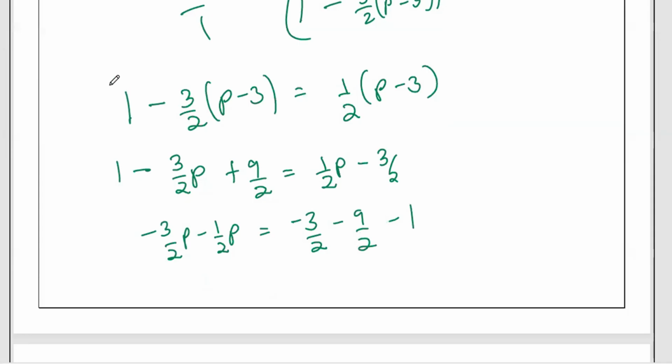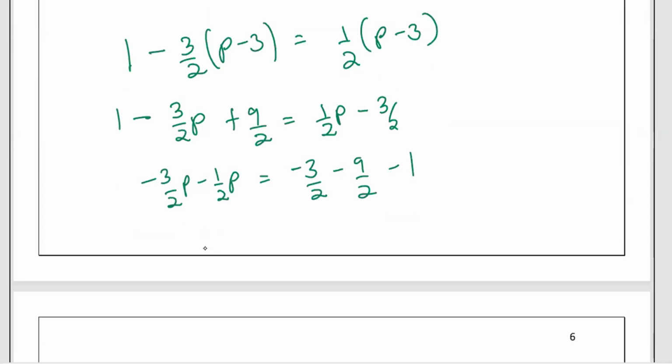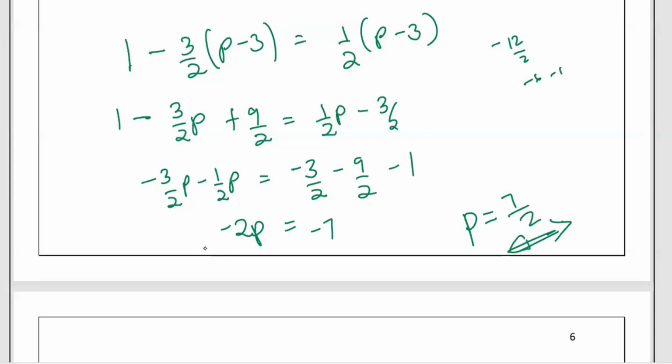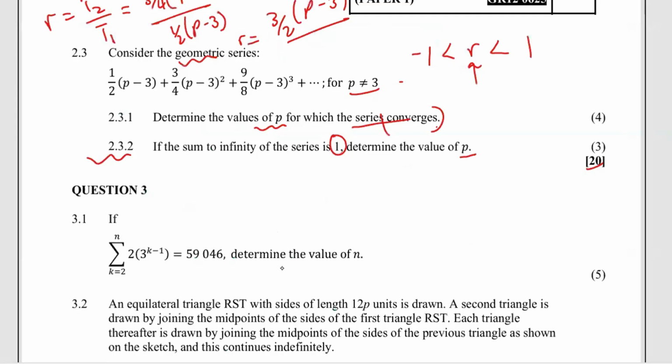So on my left, I'm going to have a negative 2p, and on my right-hand side, this is going to be a negative 12 over 2, which is negative 6 minus 1, which is negative 7. Divide both sides by negative 2, meaning that our p is 7 over 2. This is what I'm getting. Guys, please advise me whether I'm doing the wrong thing or the right thing. So that's what I get for 2.3.2.